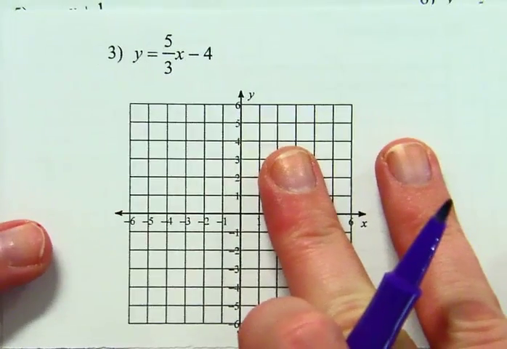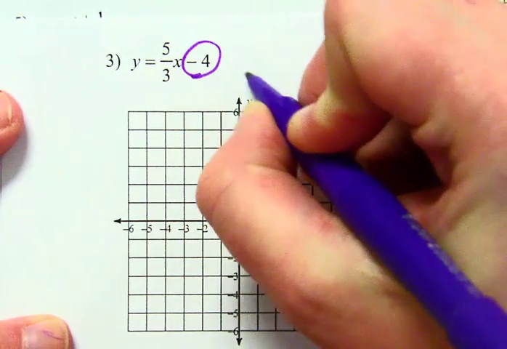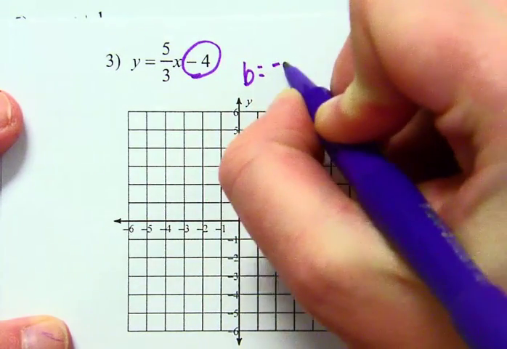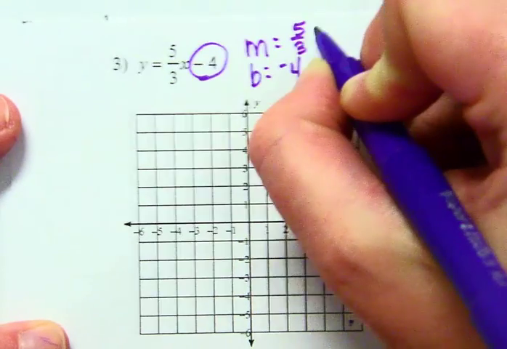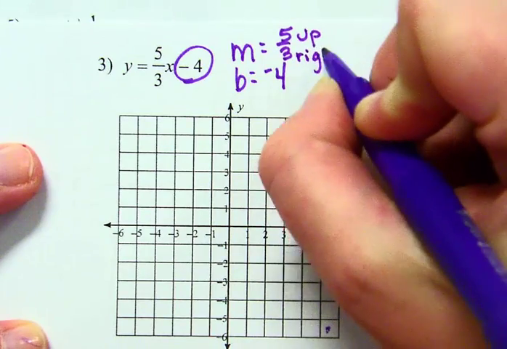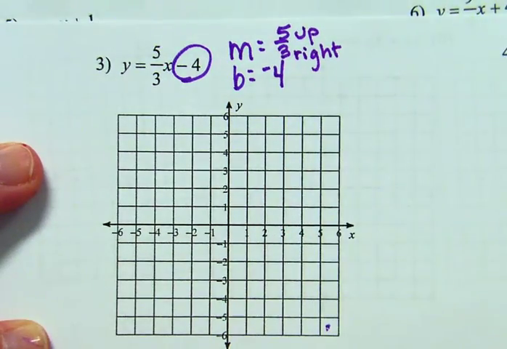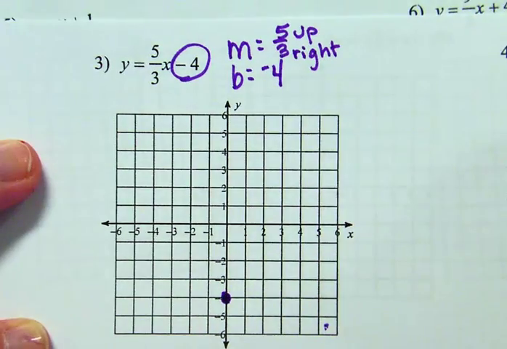Our third problem is y equals 5/3 x minus 4. My y-intercept is -4. My slope is 5/3. That's up, rise 5, and then right 3. I start at -4 on my y-axis.